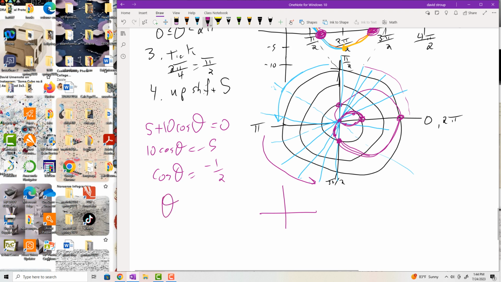Okay. So again, the reference angle is pi over 3, but we want the one that's in the second quadrant, which is 2 pi over 3, and then the third quadrant, which is 4 pi over 3. So those are the limits on your integral.